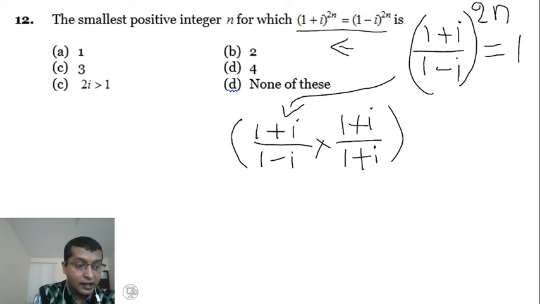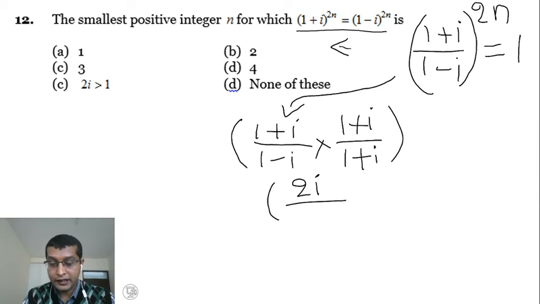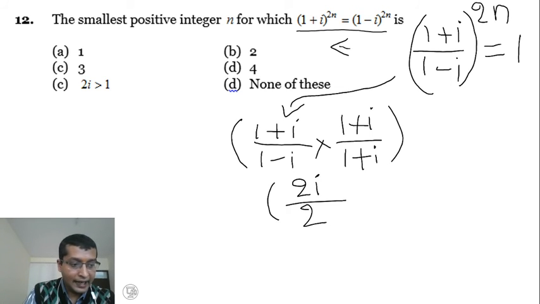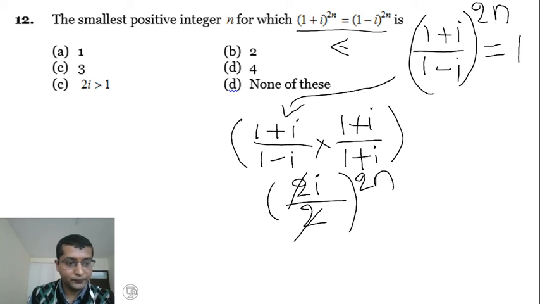I will explain once again: a square is 1, b square is i square, which is minus 1, plus 1 minus 1 cancel, and 2ab is 2i. Then the denominator is of the form (a minus b)(a plus b), a square minus b square, 1 minus i square is minus 1, so we get 2, and here I use the power 2n. Now 2 cancels.